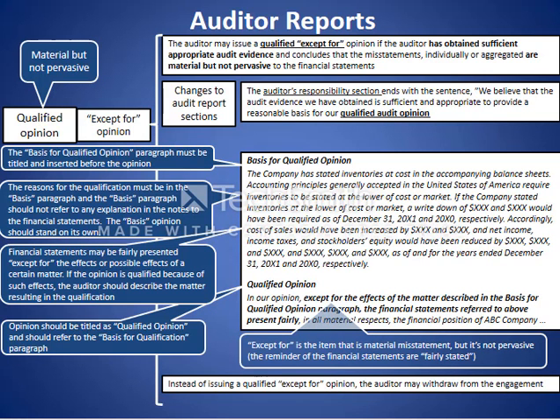Okay, now let's take a look at when the auditor issues a qualified opinion. And this is a qualified opinion in general. Remember, right now we're talking about qualified opinion means "except for."